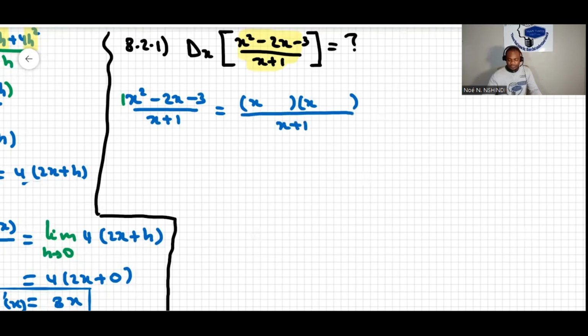Now, what are the values I'm going to place in? I'm going to consider the last term, the constant term, which is -3. I'm going to write here -3. Now, the factors of 3 are 1 and 3.